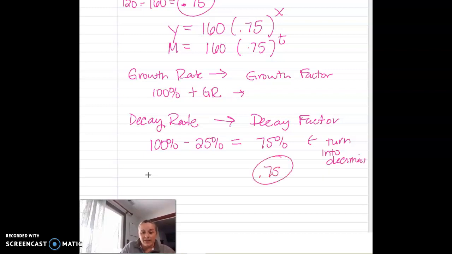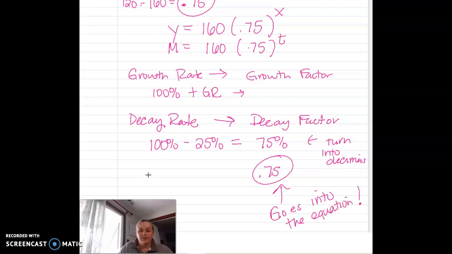So to turn decay rates into decay factors, you have to take away that rate of decay from the 100% of what you started with. And this number, this 0.75, will go into our equation. So I'm going to put goes into the equation.